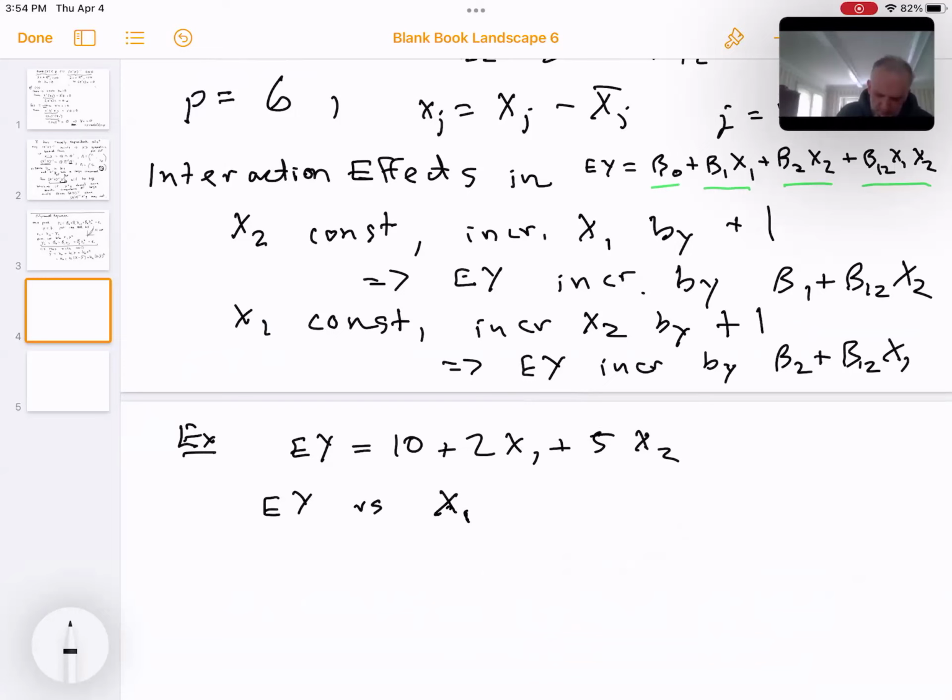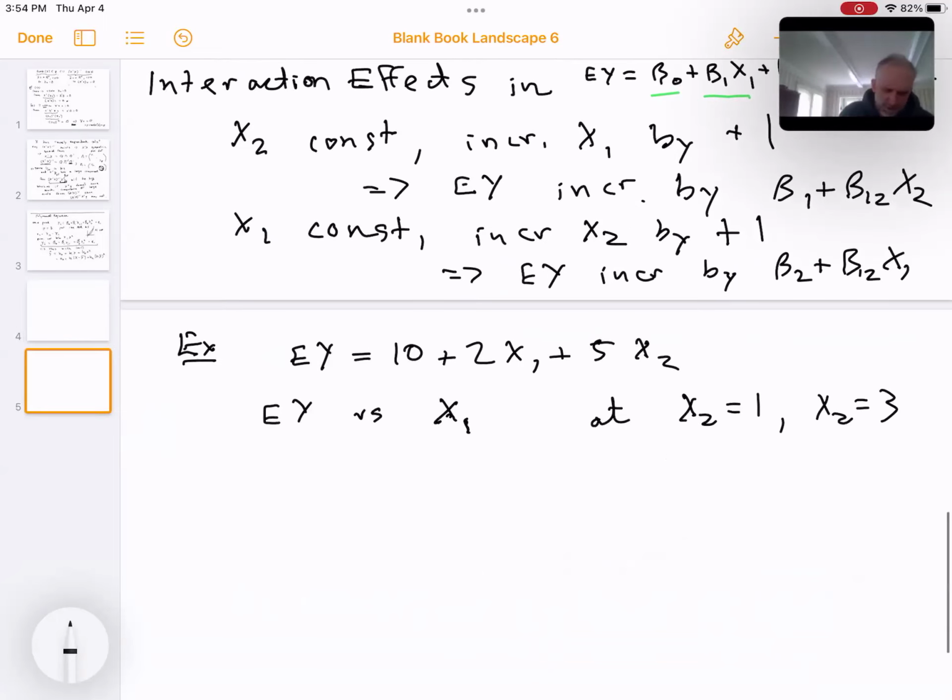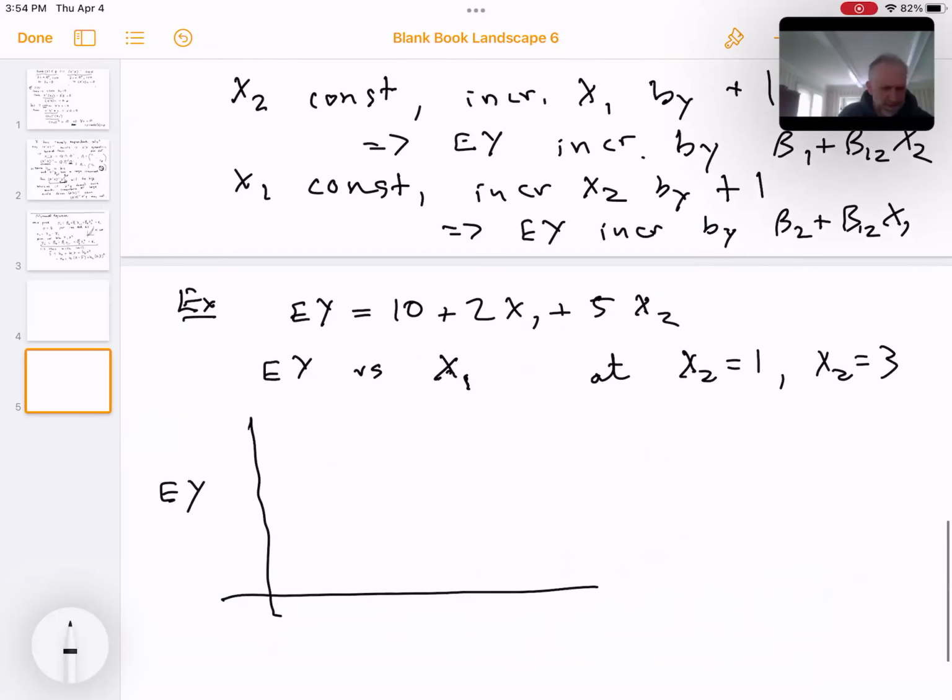Well, you can't in 2 dimensions, but we could look at it at a couple levels, say at x2 equals 1 or x2 equals 3, and just draw 2 different lines. So I'm going to have a little graph here. This is E(Y) over here, the response. Down here, I have x1.